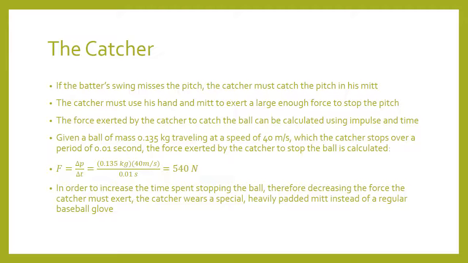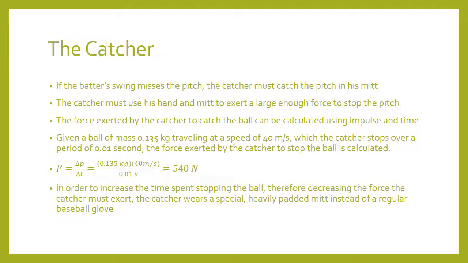And finally, here's what happens if the batter misses the pitch and the catcher has to catch it in his mitt. To stop the ball, the catcher has to exert a large enough force to stop it, and we can calculate that using impulse and time. If the pitch is traveling at 40 meters per second and the catcher stops it over a period of 1/100th of a second, we can calculate that the catcher exerted 540 newtons of force.